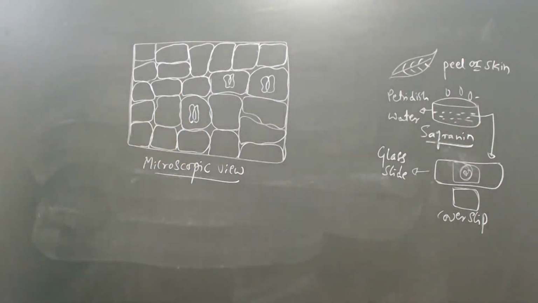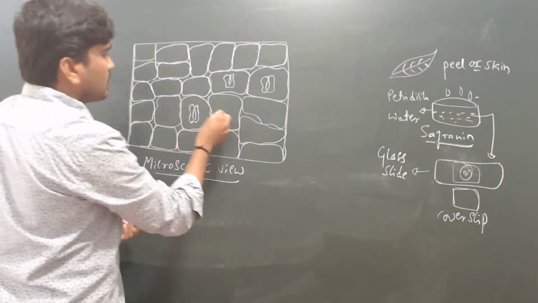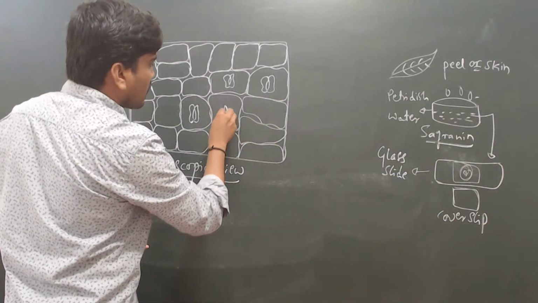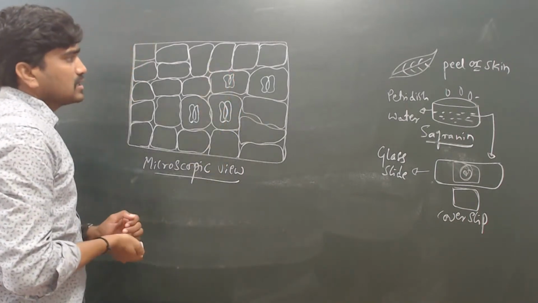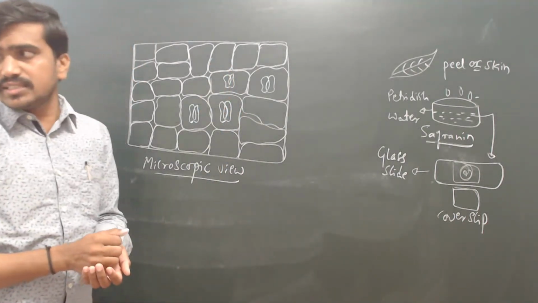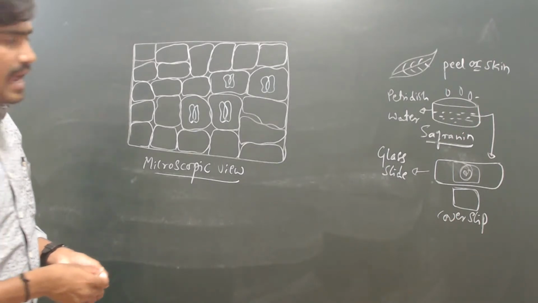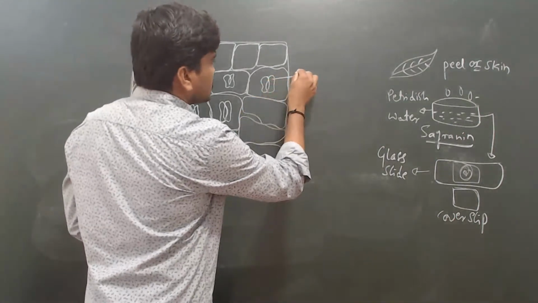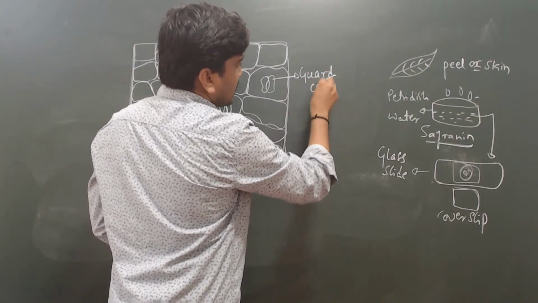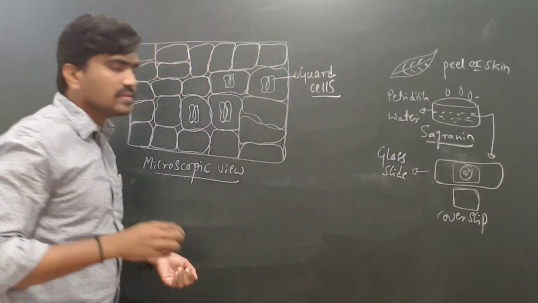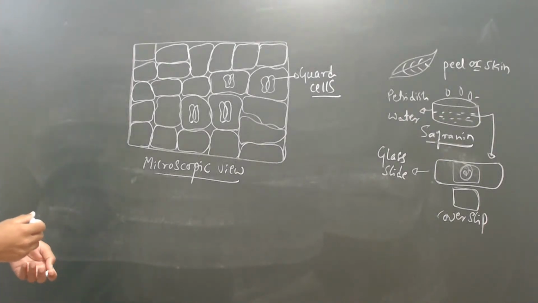Like these structures will appear. See these structures. These structures are called guard cells. This one is called guard cells.